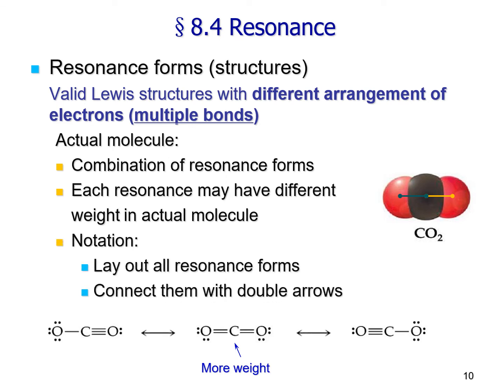So how are we going to do this? We just lay them all out and connect them with the double arrow. So this structure can resonate from one end to another, bouncing back and forth.